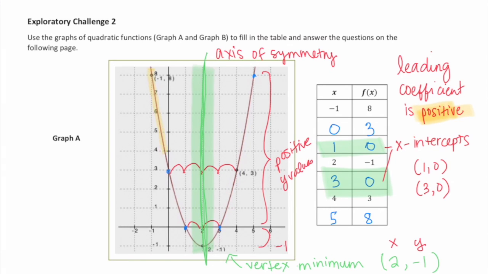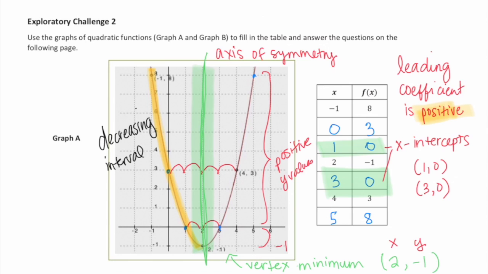So far, we have looked at our vertex, our intercepts, our axis of symmetry, our leading coefficient, and identified that this is a positive quadratic parabola. Now let's look at intervals. In this particular graph, we have a decreasing interval and we have an increasing interval.